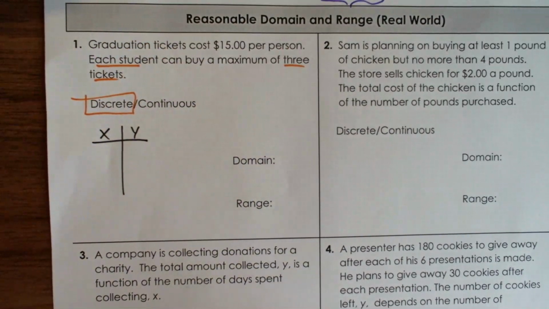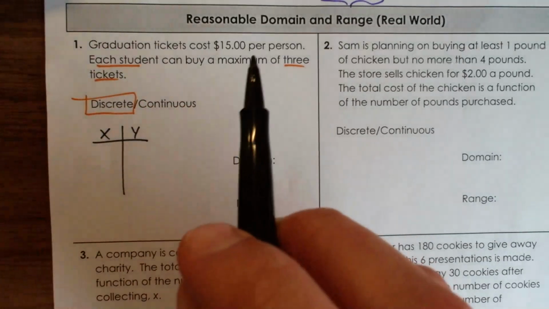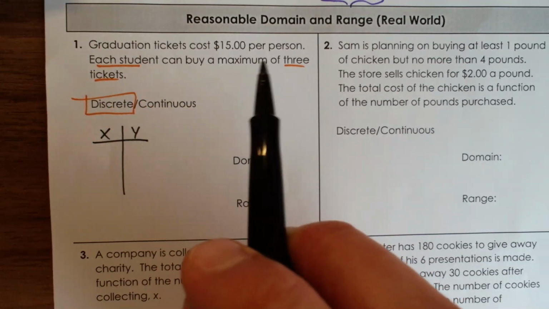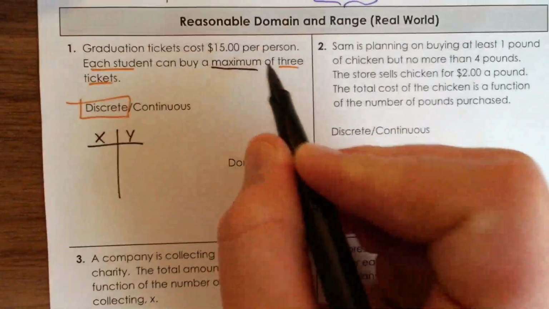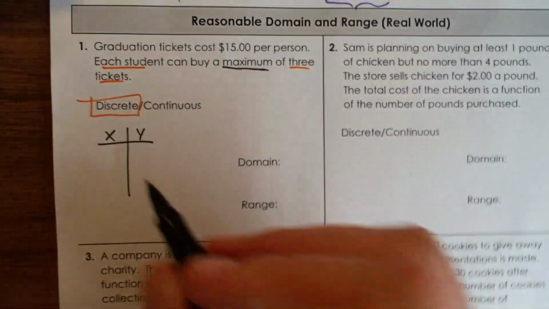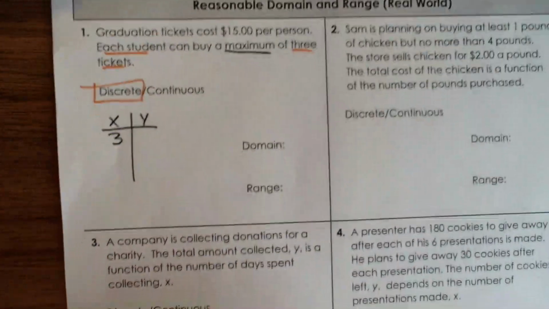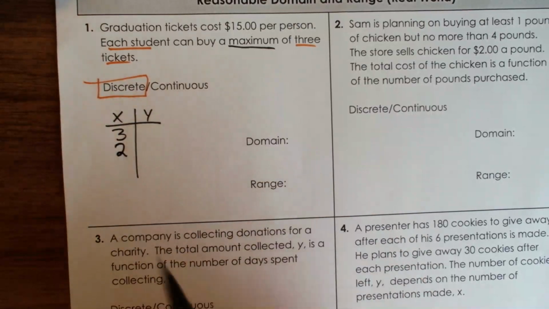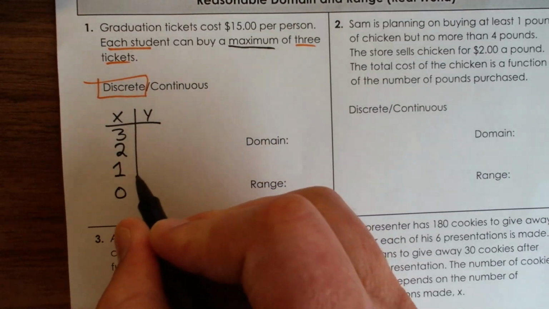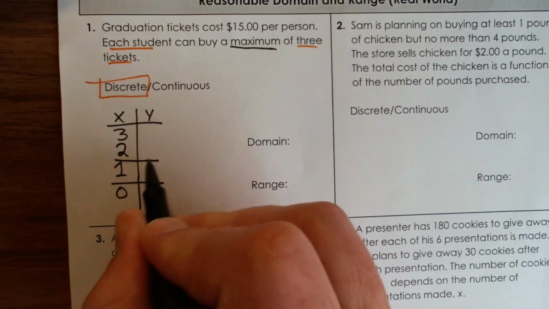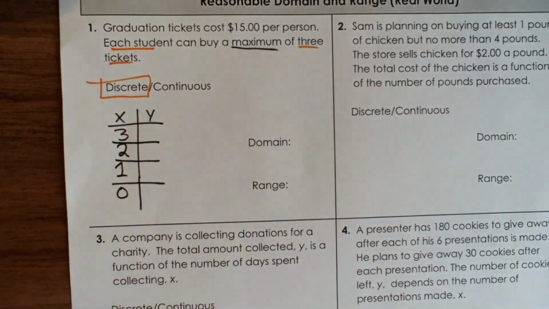So, let's talk about this. A student can buy tickets that cost $15 per person, and each student can buy a maximum of 3. So, they can buy 3 tickets. That's my maximum. They could also buy 2 tickets. They could also buy 1 ticket. They could also buy no tickets at all. Okay.